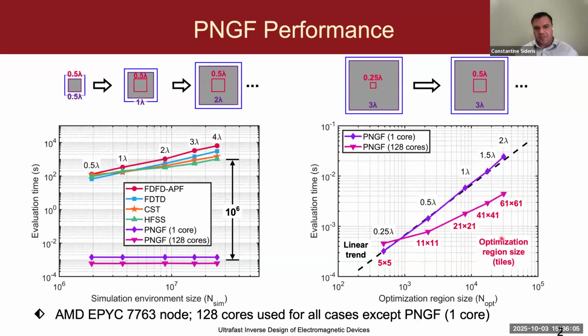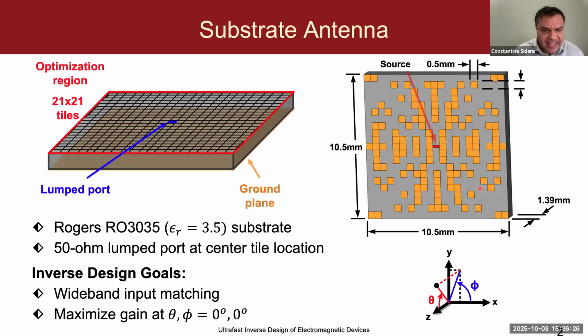It's just due to the fact that you're better utilizing the hardware that you have available. And so to show a fair comparison, to show the true trend, we also had the single core example here as well, showing that indeed the time complexity is order nopt. As your optimization region grows in size, the time that it takes to flip a tile only grows linearly.